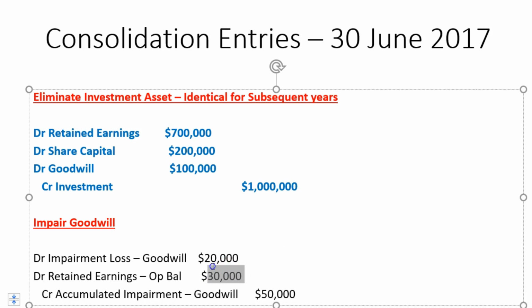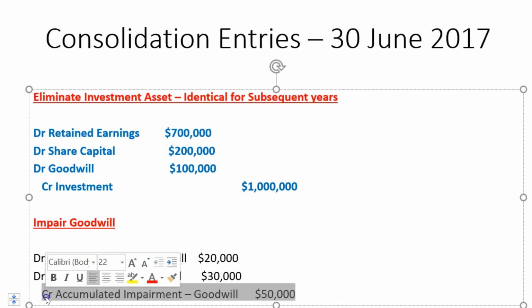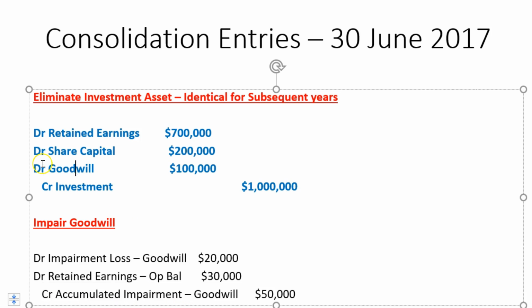So we'll reduce equity a total of $50,000 to reflect the fact that goodwill will only now sit as an asset of $50,000. When you look at this credit for the accumulated impairment of goodwill and the debit of $100,000 goodwill, they're only adding up to $50,000. The other thing to note is that the impairment of goodwill cannot be reversed.